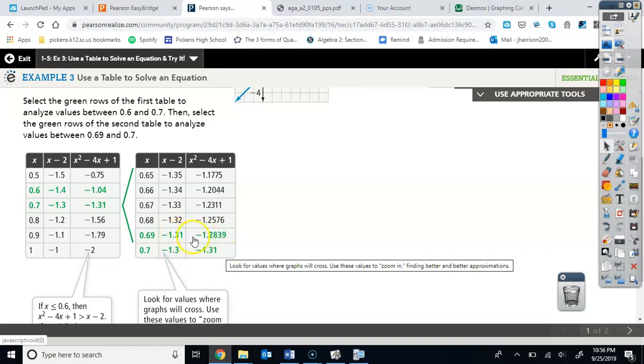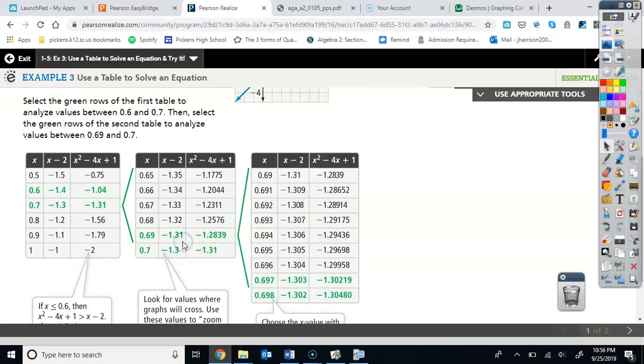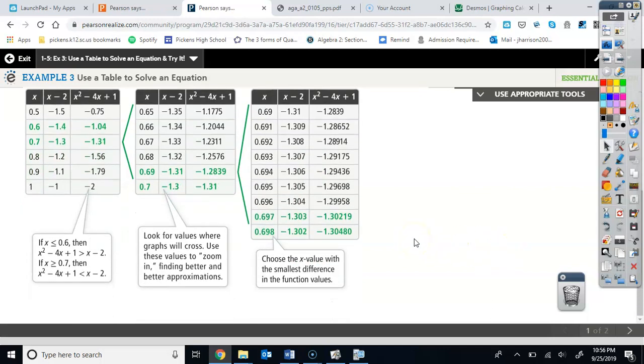But notice now I'm narrowing in on answers that are a lot closer together. And then I could go even further if I wanted an even more accurate answer. I could plug in 0.695, 0.696, 0.697, 0.698.